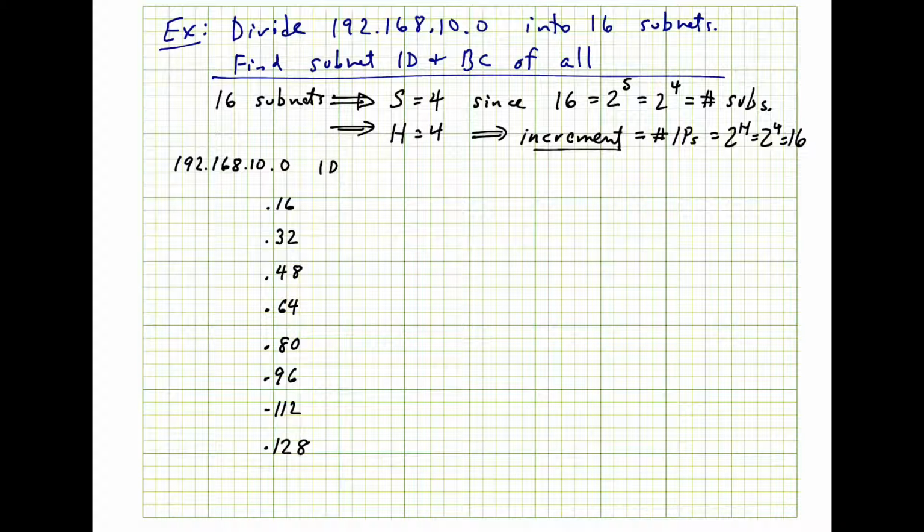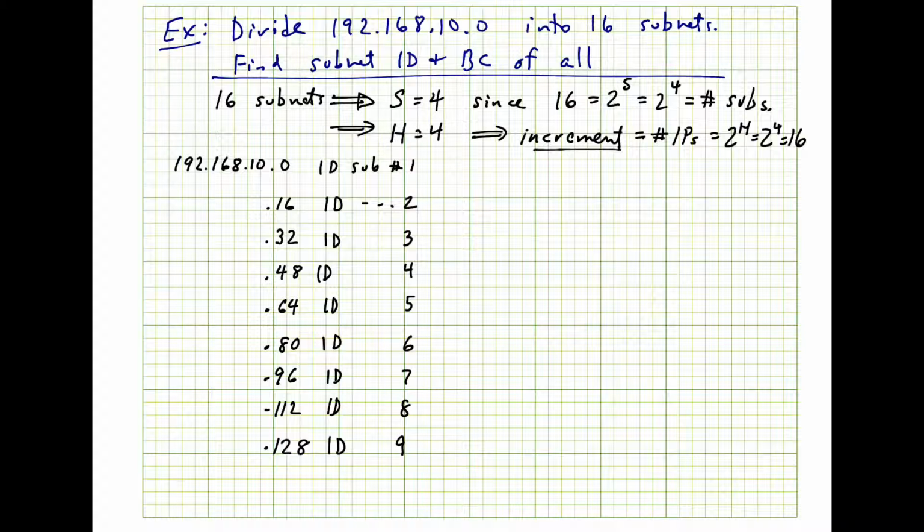Hey, that's nice. We land on the 128. Okay, so this is the ID of subnet number 1. This is the ID of subnet number 2, ID of subnet number 3, ID of subnet 4, 5, 6, 7, 8, and subnet number 9.